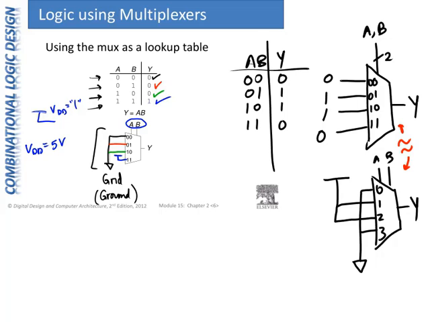So again, we can use our multiplexer for logic. Is this using fewer gates than just an AND gate or an XOR gate? Well, certainly not. Could you implement a 4-to-1 multiplexer? Yeah, in a very similar way as we did with the 2-to-1 multiplexer.